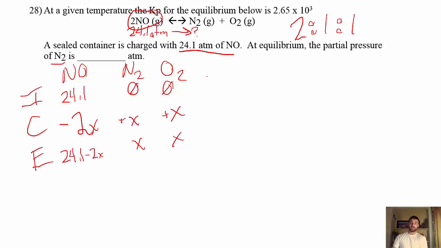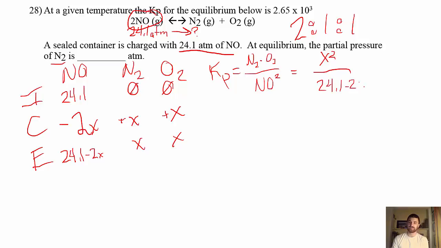So we're going to have to plug that into our Kp expression. We know that Kp equals the N2 times the O2 all over NO squared. So we plug in those numbers, and we end up with x squared on top divided by (24.1 minus 2x) in parentheses squared on the bottom.